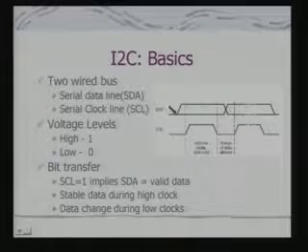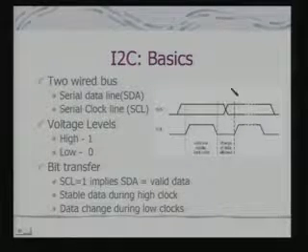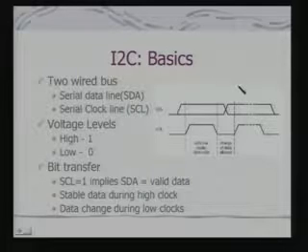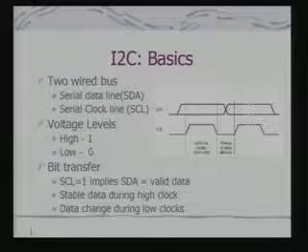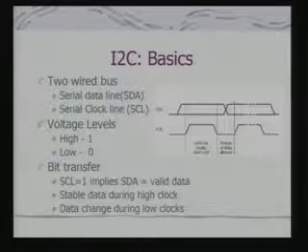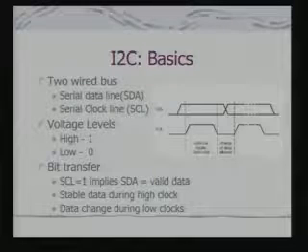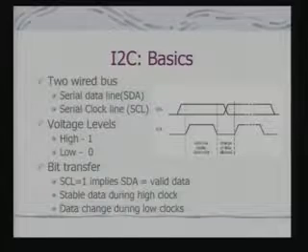So, basically it is a two-line bus, and using two lines a number of devices can hang one after another and communicate data with each other using just two lines. Here the data transfer is in a bit serial fashion, and that is a basic difference with any of the parallel buses that we have seen so far.